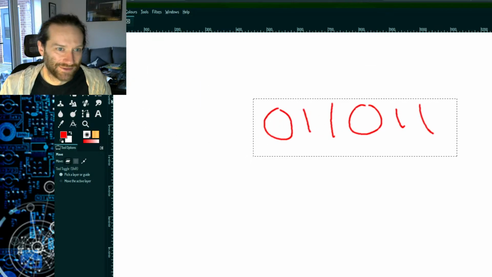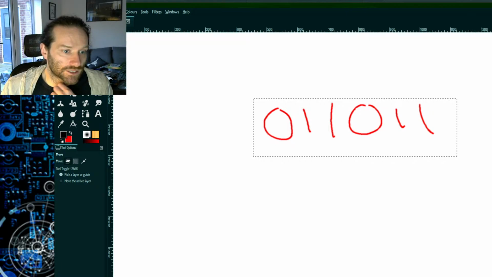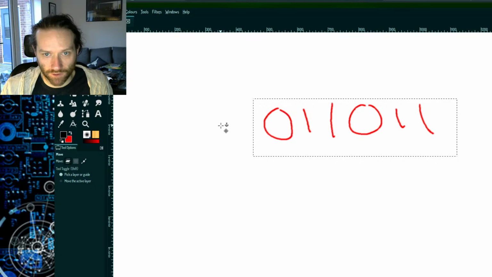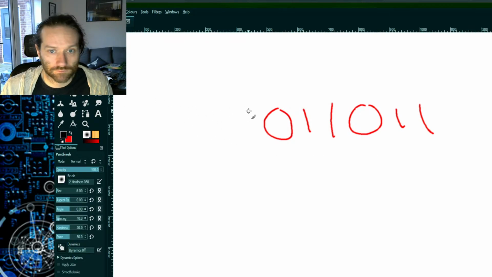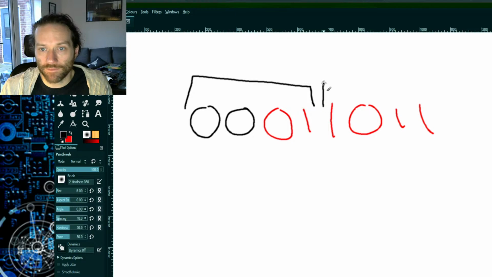There. Right. What we need to do is add on a couple of zeros to the start. You need to make it up to a multiple of 4 bits, right? So we end up with this. This is now 2 nibbles, okay?